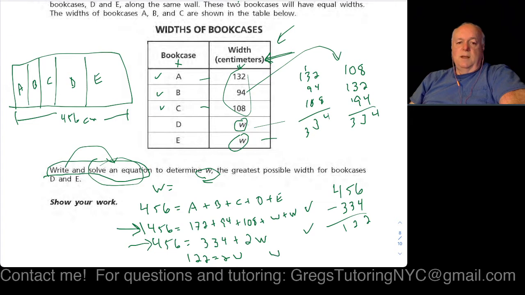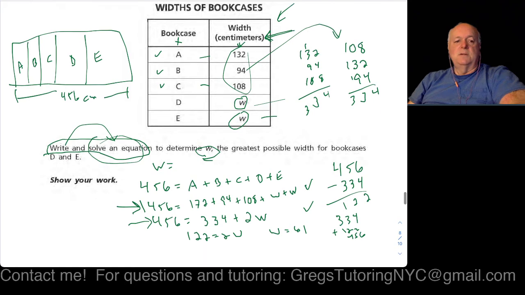And I'm just going to add this up here just to make sure I did that right. 334 plus 122 gives 456. Cool, it did. And 61 plus 61 is 122. So W is equal to 61, and that's probably what it says here in centimeters, right?